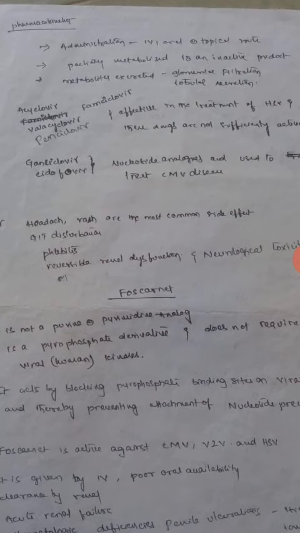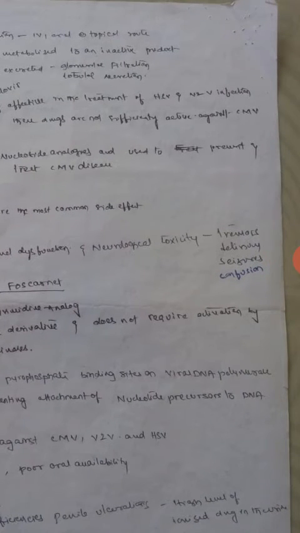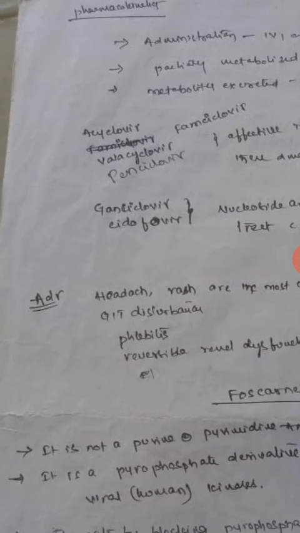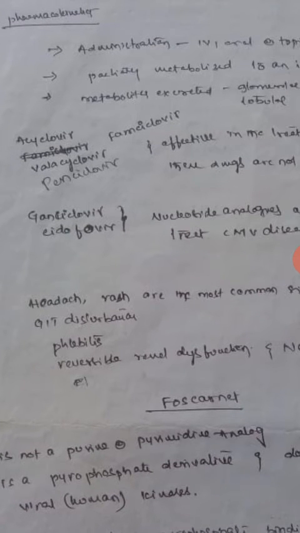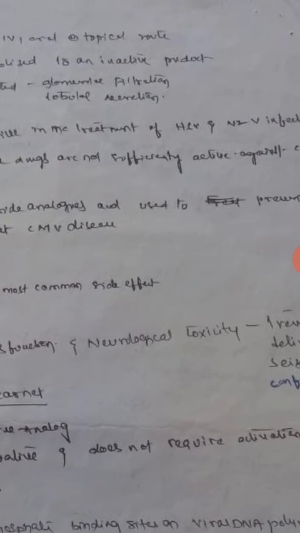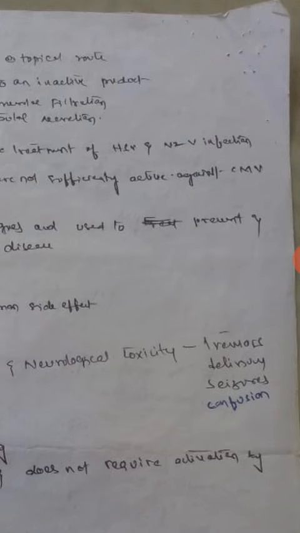Now the use. Aciclovir, famciclovir, valaciclovir, and penciclovir are mainly effective for herpes simplex virus and varicella zoster infections.